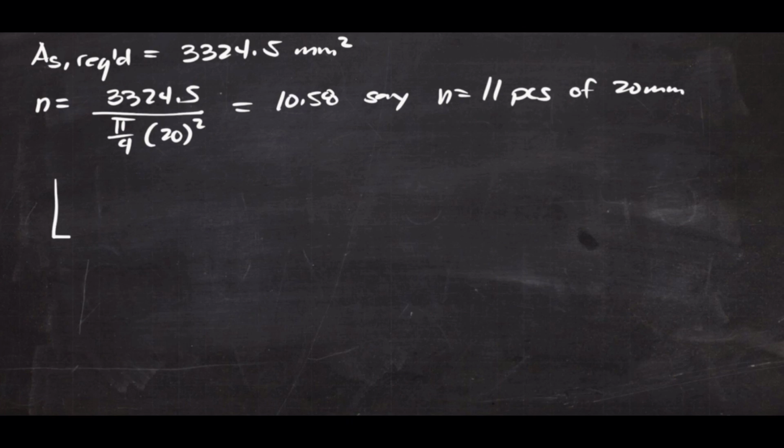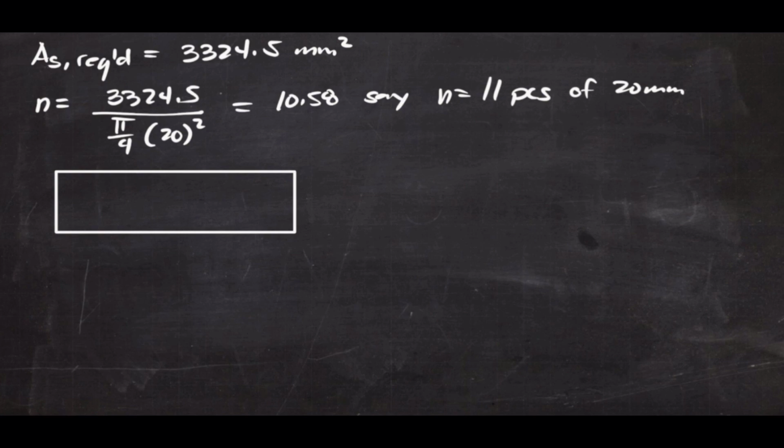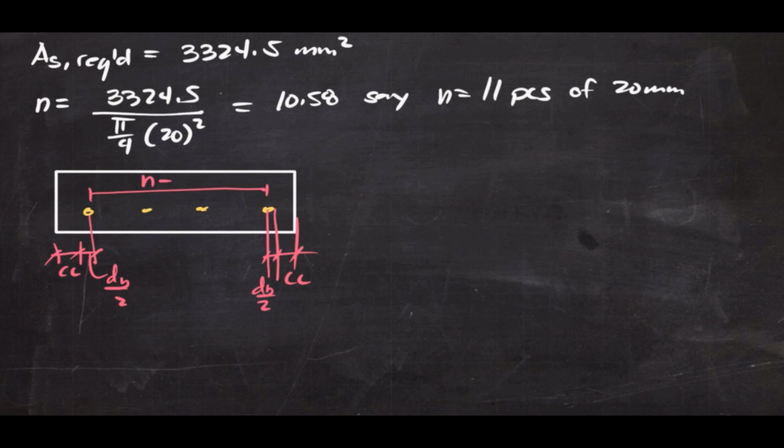Now, to get the spacing of these bars, let's imagine this is a section and these are the bars. We have here a concrete cover, and up to the center of that bar, we have the bar diameter over 2. And of course, that would be on both sides. And here we have n-1 spaces. So to compute the center-to-center spacing of the bars, spacing would be B minus twice the concrete cover minus 1 bar diameter divided by the number of spaces.